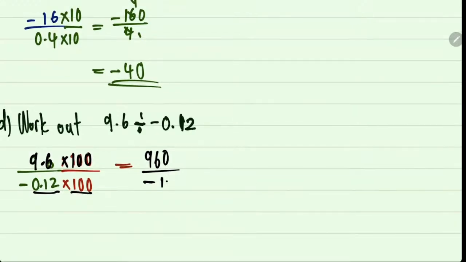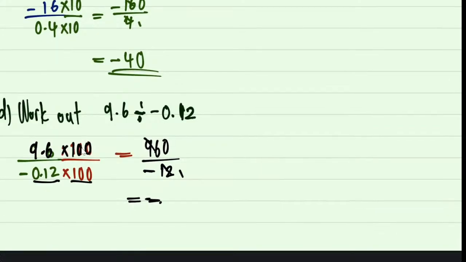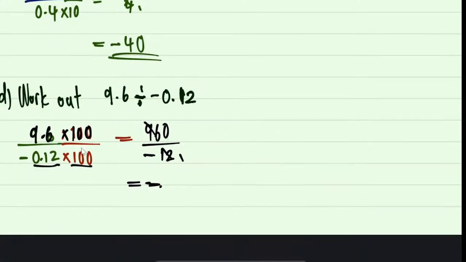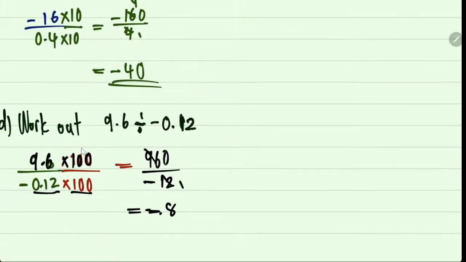So this now becomes, your answer will be negative. Since you're going positive divided by negative, your answer will be negative, okay? Whenever the signs are different, your answer is negative. 12 into 12, 1. 12 into 96, what is it? 8. 12 into 0, 0.